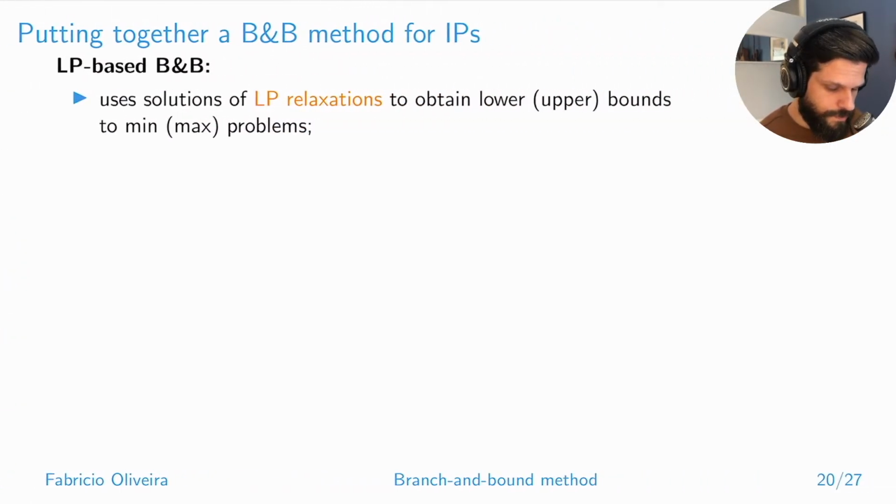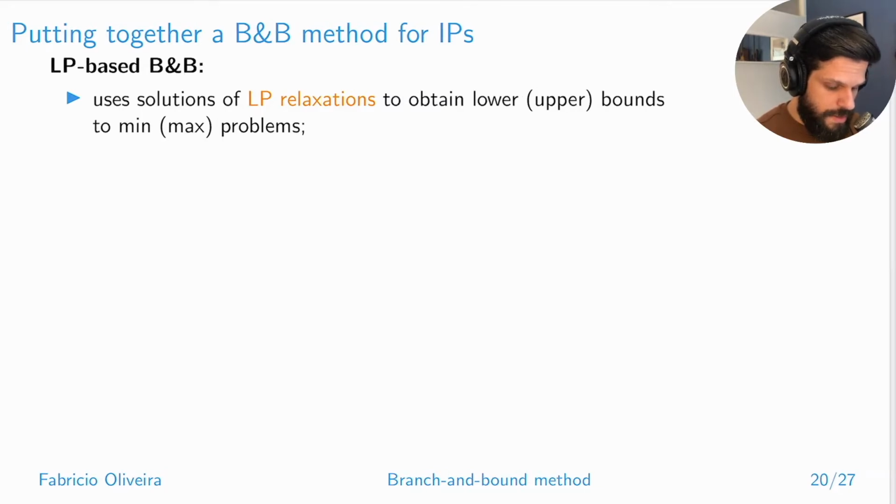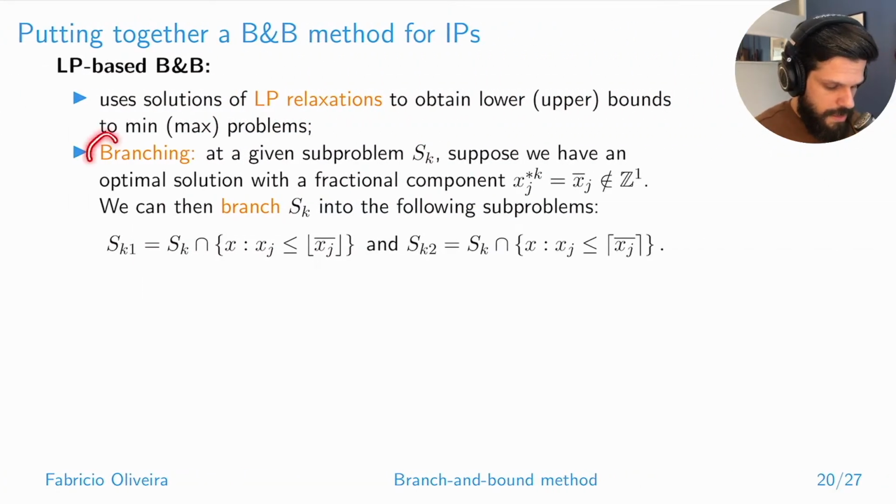So in an LP-based branch and bound, you start with an LP relaxation that gives us dual bounds. And then whenever we need to do branching, our branching is based on the fact that whenever you have a fractional component on a variable, you can yield two subproblems.